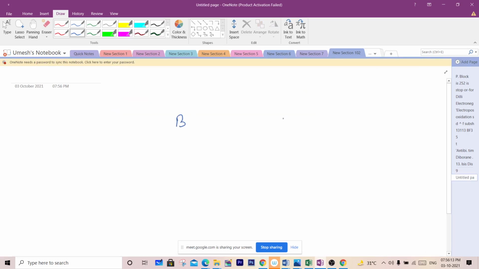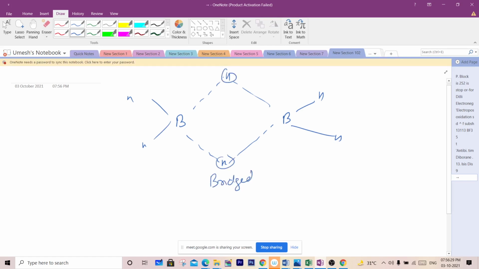So this boron is bonded with 2 hydrogens here, and the other 2 hydrogens are perpendicular here. These 2 hydrogens are perpendicular. We call them bridged hydrogens, and these other hydrogens are called terminal hydrogens.